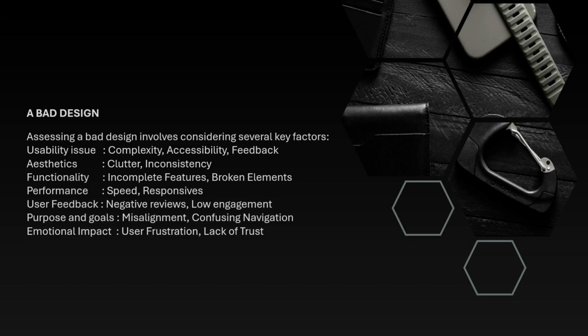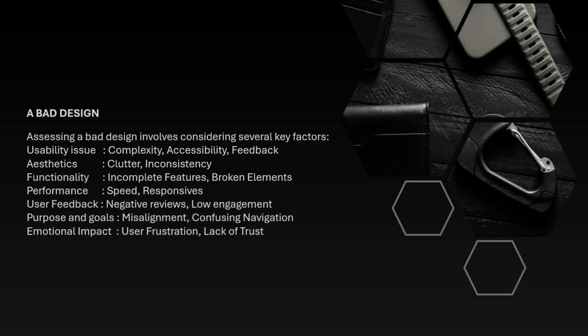So the next slide is assessing a bad design. Assessing a bad design involves considering several key factors, which are usability issues, which is complexity, accessibility and feedback. Next we have aesthetics, which is clutter and inconsistency. Next we have functionality, which is incomplete features and broken elements.